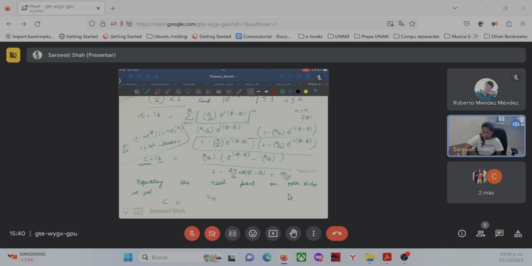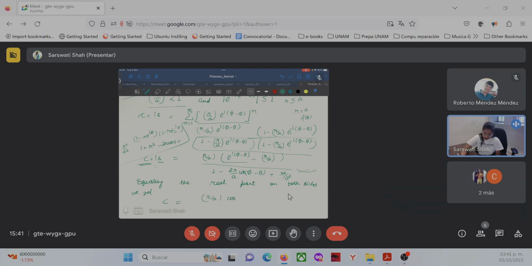Because sometimes in the Fourier series we don't go beyond the solution. We just write the series and say that it is a solution. We don't go over the closed form solution, if you remember. Some people go, but some people don't. So what will be the real part: cos of (phi minus theta) plus iota sin(phi minus theta). The iota sin(phi minus theta) will go in the imaginary part.